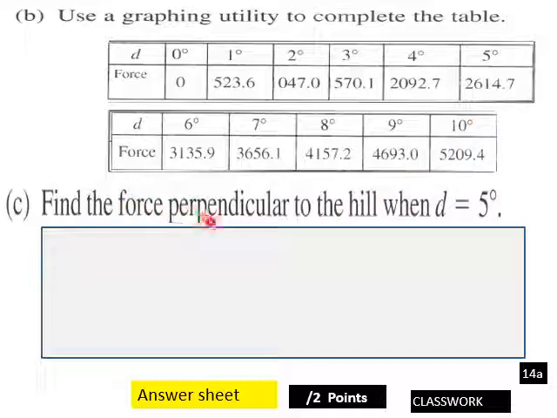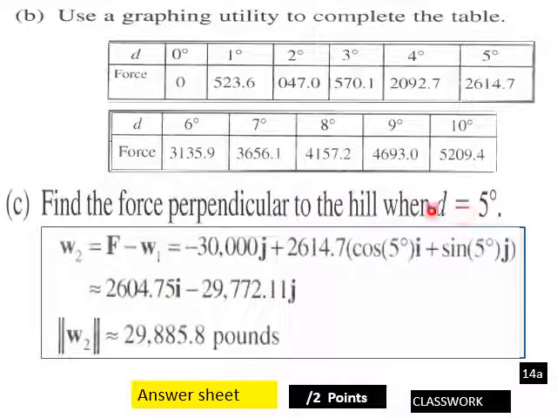And then find the force perpendicular to the hill when d equals 5 degrees. W2 would be F minus W1, so we have negative 30,000 J plus 2614. Our 5 degree amount would be 2614 here.